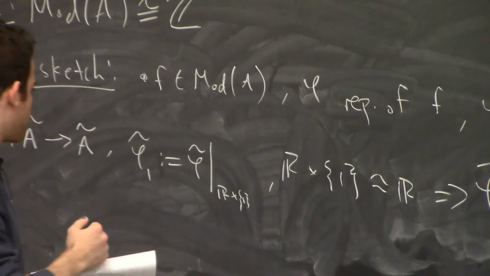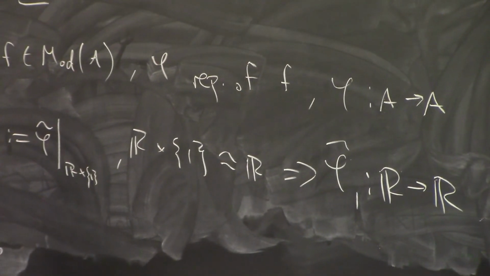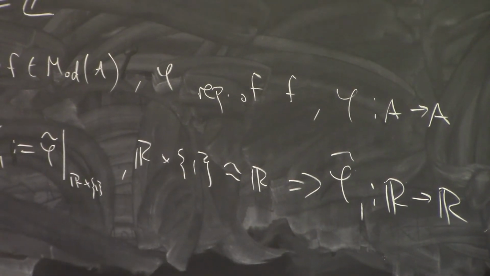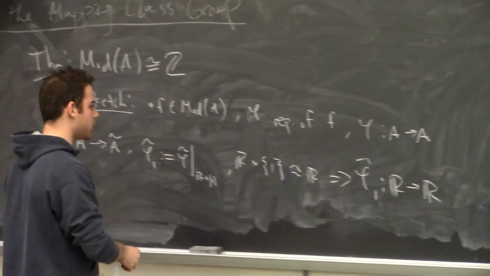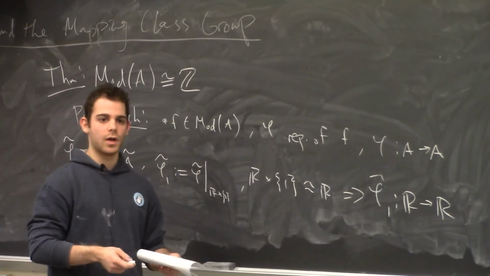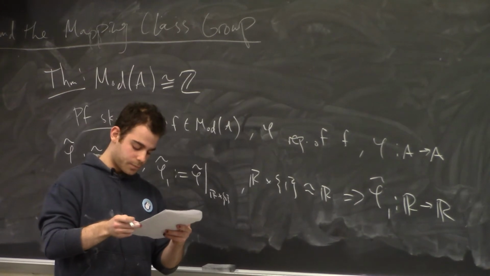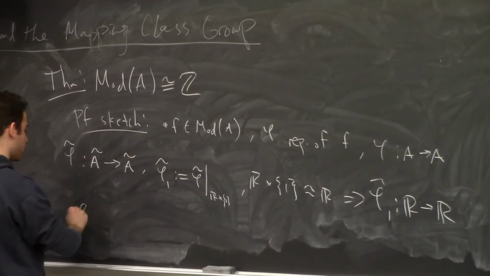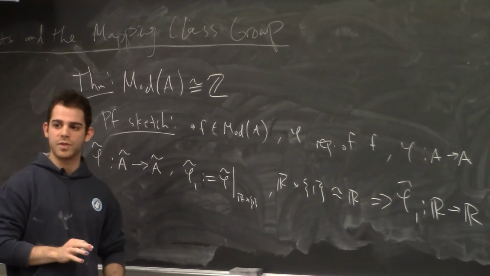Because it's a lift of something which is the identity on the boundary of the annulus, it has to be an integer translation on R, which just means that it has to take the form x mapped to x plus n, where n is an integer. And it's uniquely determined by where it maps 0.